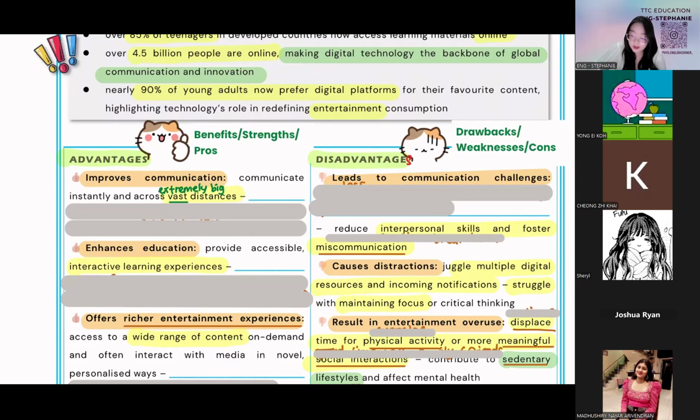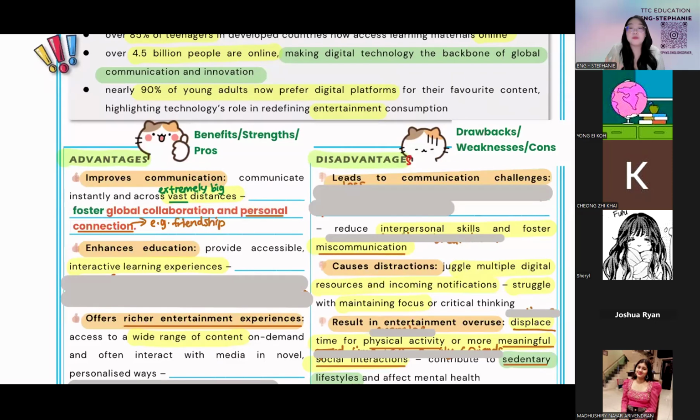And then here is the thing that you can write down: it can help you to foster global collaboration and personal connection. So personal connection here is, for example, your friendships. This one sounds complicated, but in simple form, it can help you to improve communication, keep in touch with your friends no matter where they are, anywhere. Not just friendship, maybe in terms of business, you can also do global collaboration. So this is what it means.